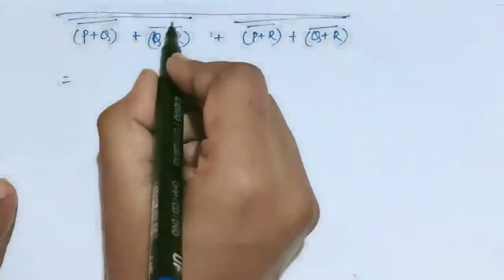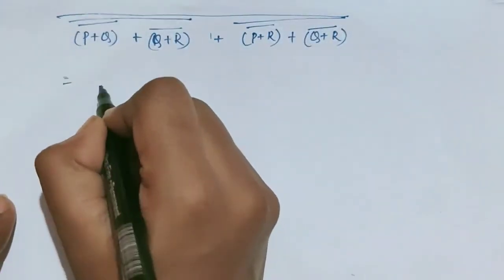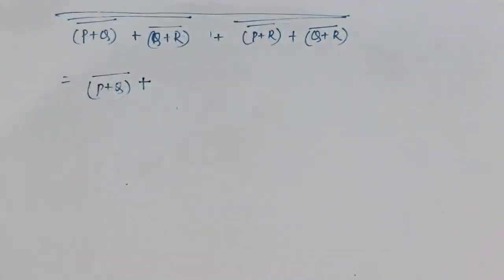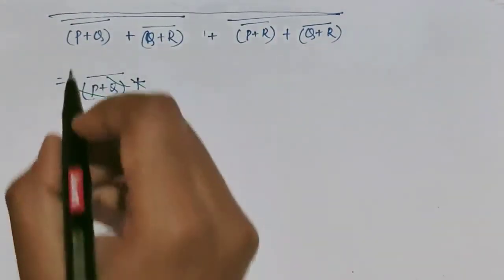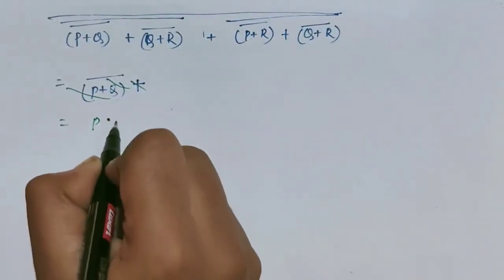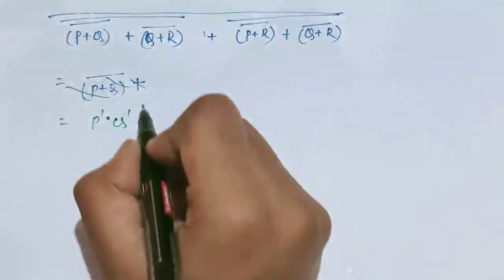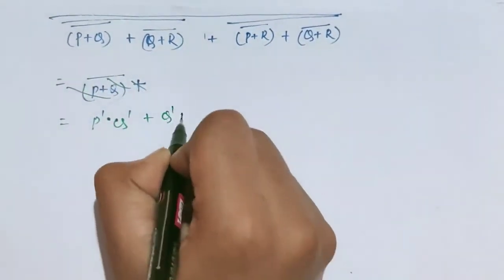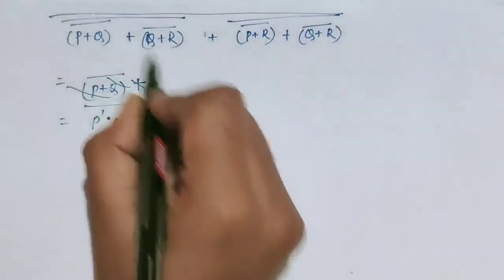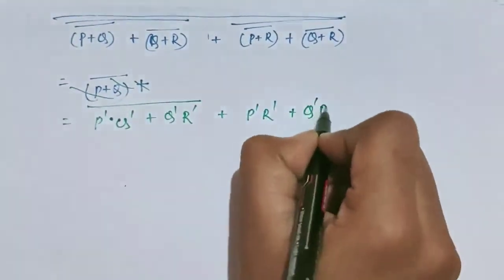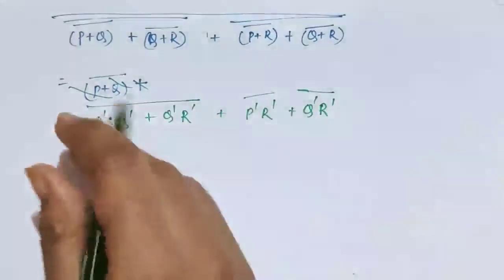This will be nothing but, if we take the complementation, (p plus q) whole bar. This will be p bar q bar, this bar I am taking out. Then (q bar r bar) whole bar plus p bar r bar plus (q bar r bar) whole bar.